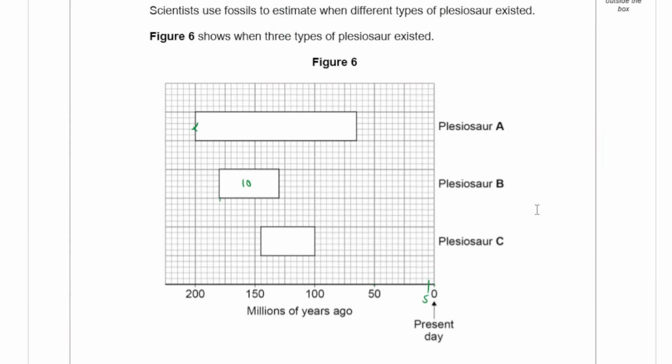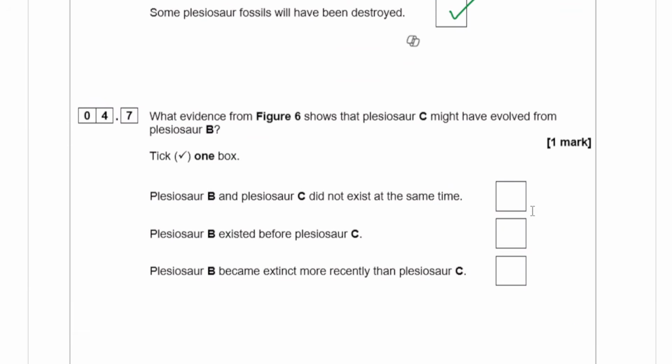Now, they existed halfway between, or they came into being halfway while Paleosaur B was alive, but so was Paleosaur A. Paleosaur B and Paleosaur C did not exist at the same timeline. Not true. Paleosaur B existed before Paleosaur C. That is true.